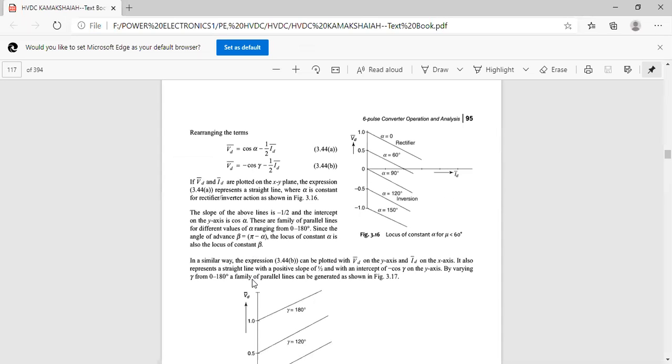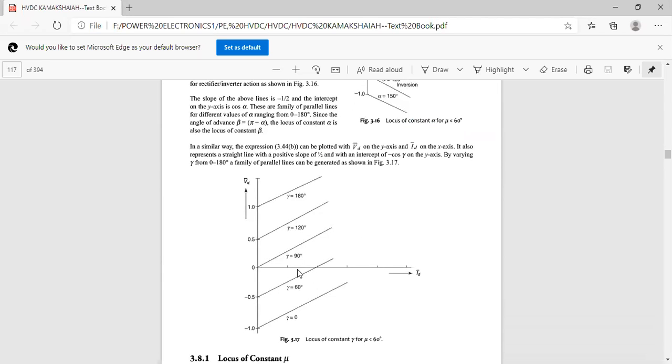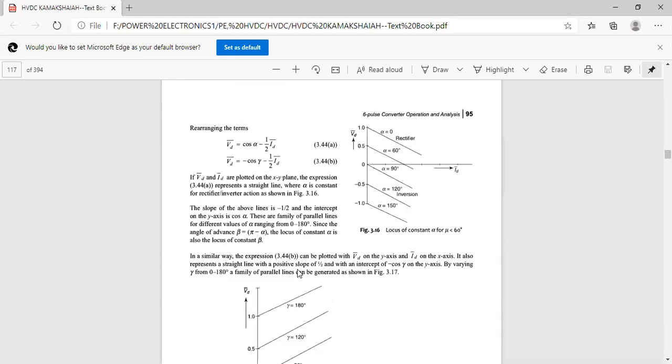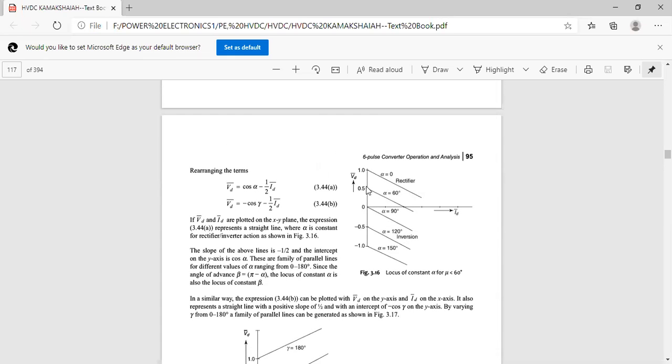Now see how we are drawing the characteristics. First I am taking the rectifier equation. This characteristic is for rectifier. Next, this characteristic is for inverter. How they are drawing this rectifier characteristic, you see. Vd bar on y-axis, Id bar on the x-axis, y-intercept cos alpha. Let us take initially alpha is 0.